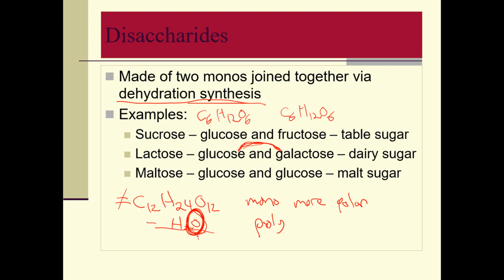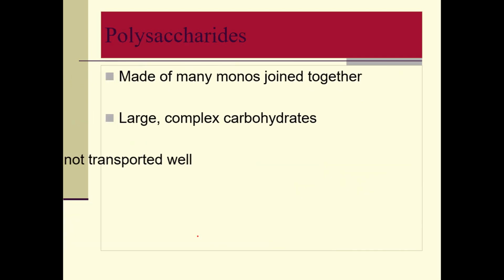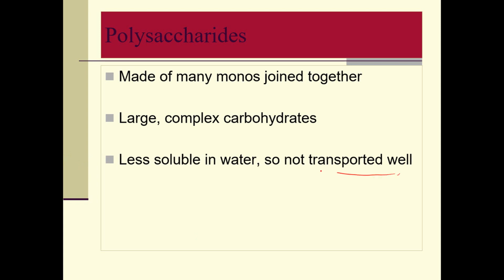So when we go to these polysaccharides, we're going to be seeing this part right here. They're less soluble in water, right? Because if something is polar, we know this from going over the properties of water, it will be water soluble.